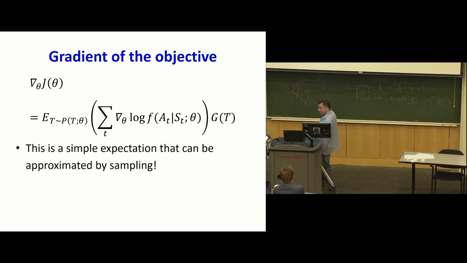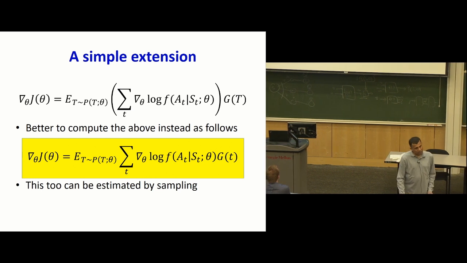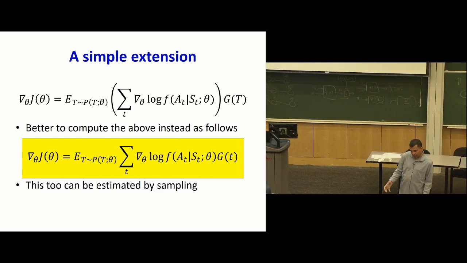So that's what we will do, except we're going to make one more final modification. If you look at the first term, it's the expectation of the sum of the derivatives of many log probabilities over all time times the total return over the entire episode.